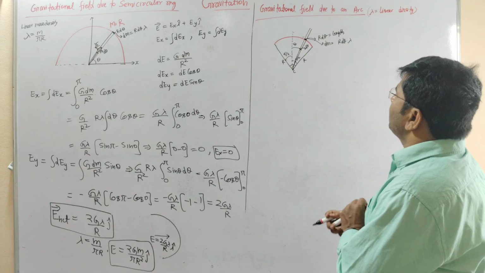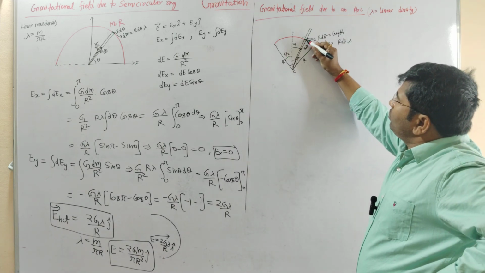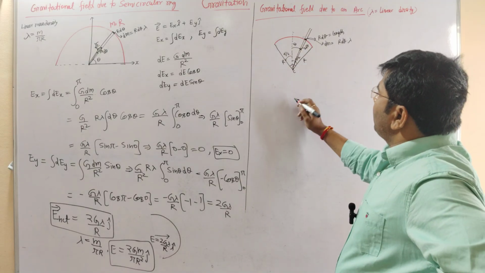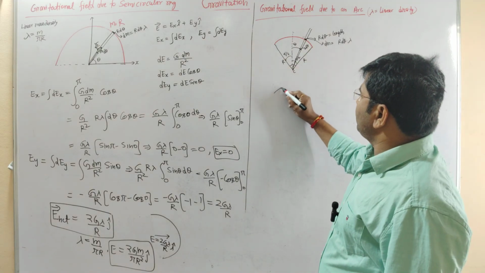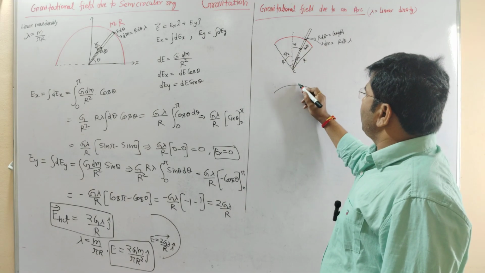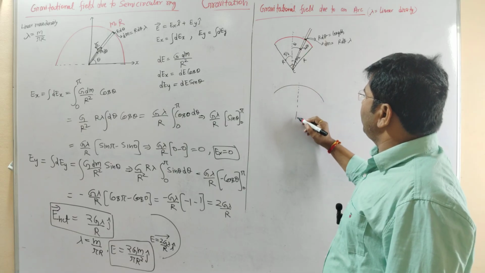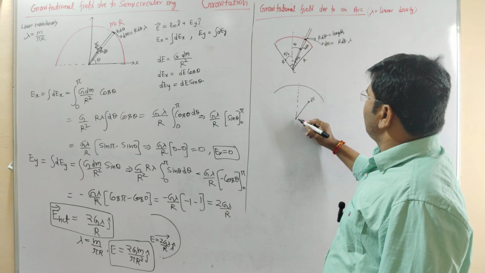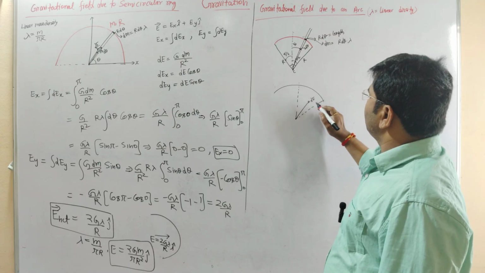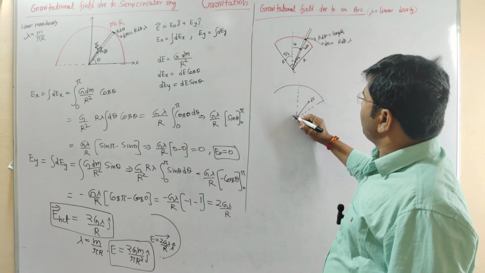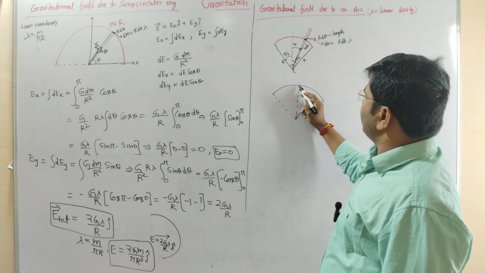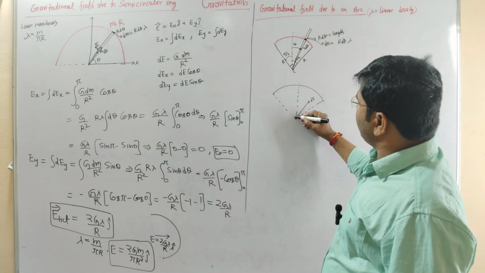Length we have calculated. Now what is the field due to this dm mass at this point? This is the ring and I want to find out the field here. So this will be dE. Similarly, I will take one element here also at the same angle.